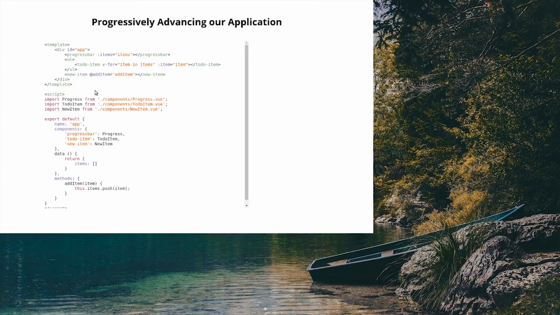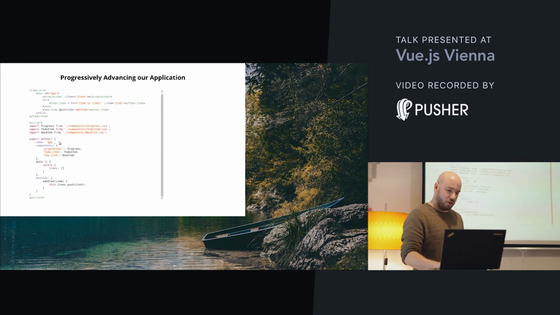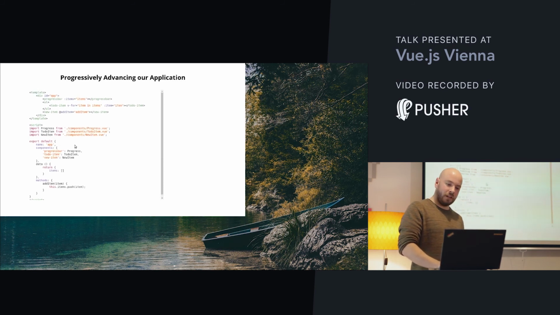So in the talk, I told you that we are progressively advancing our application. And if we go back to the application code I showed earlier, we can spot a thing which is not that good in terms of component architecture, because we have the list and the add items method in the app itself.